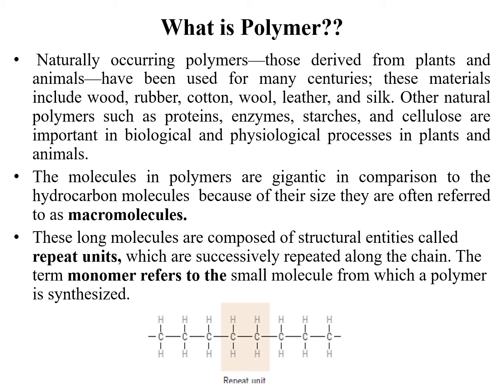Other natural polymers like proteins, enzymes, starches, and cellulose are important in biological and physiological processes in plants and animals. And synthetic polymers are like polyethylene, polypropylene, polystyrene, polyvinyl chloride, synthetic rubber, etc.